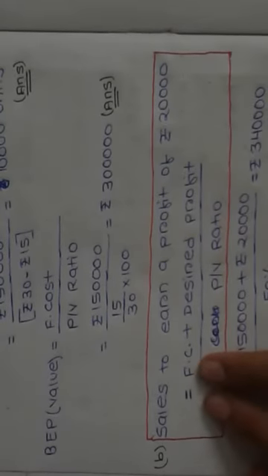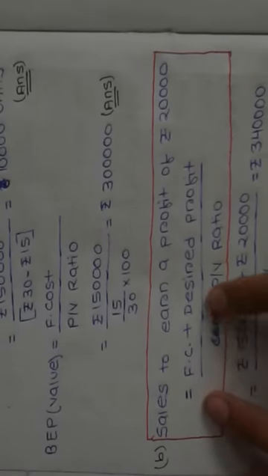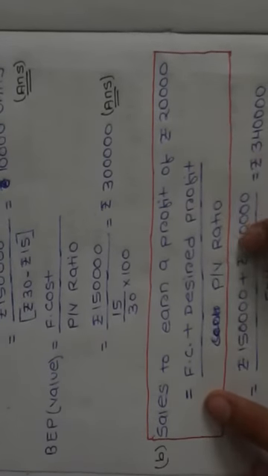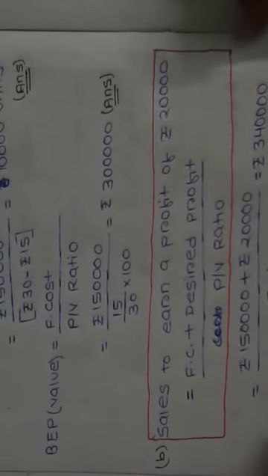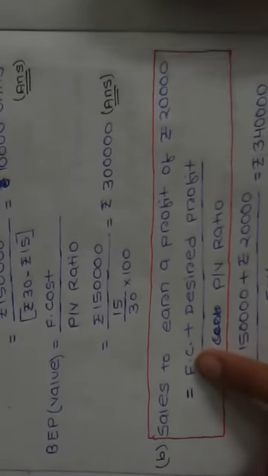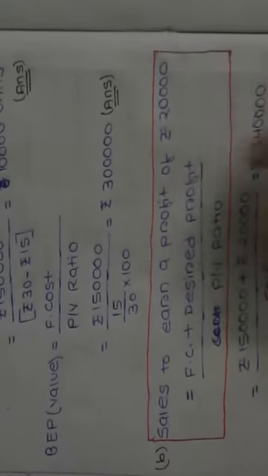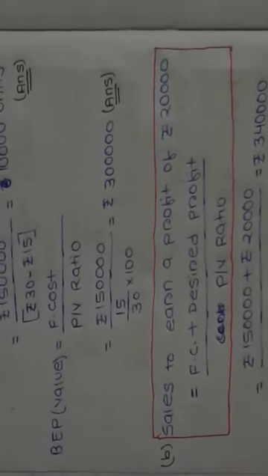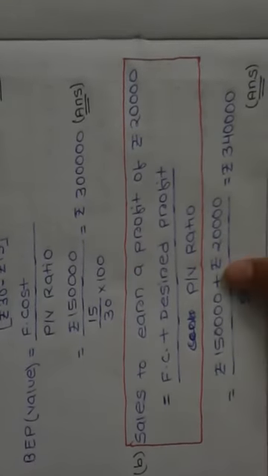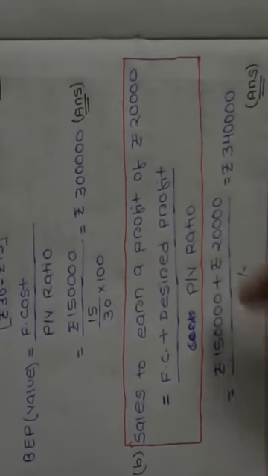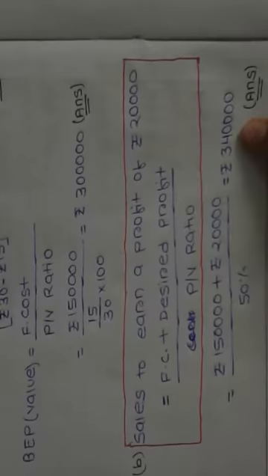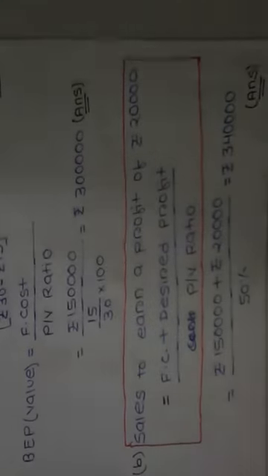PV ratio is calculated above, 50%. Fixed cost is given in the question 1,50,000. Desired profit is also given, 20,000. So it will be 1,50,000 plus 20,000 desired profit by PV ratio 50%, which is coming 3,40,000. Okay.